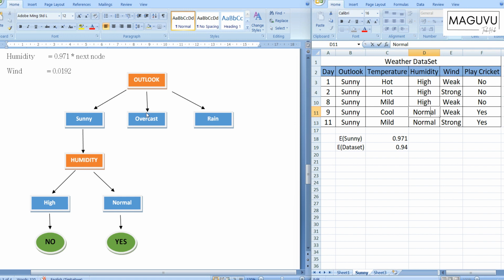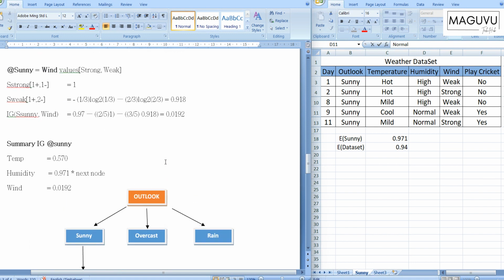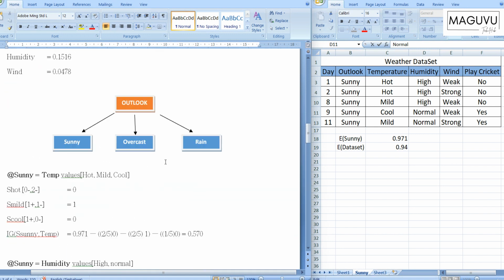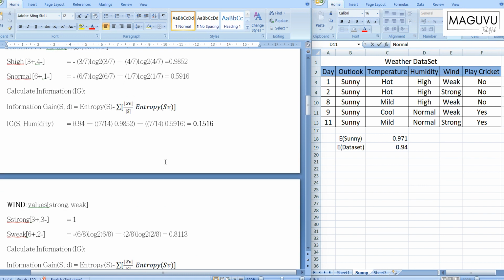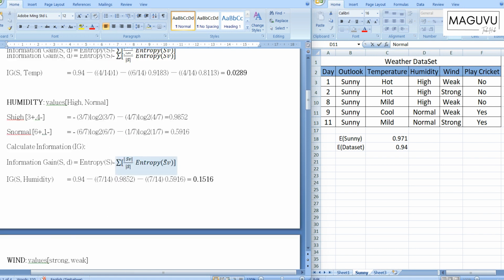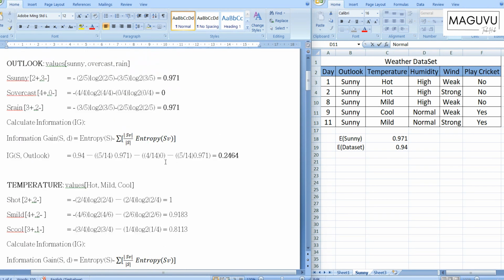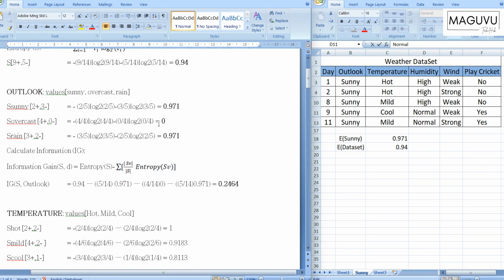Look at the values of overcast whilst we are dealing with the whole data set. If we scroll up a little bit and go to the whole data set and look at the outlook overcast.